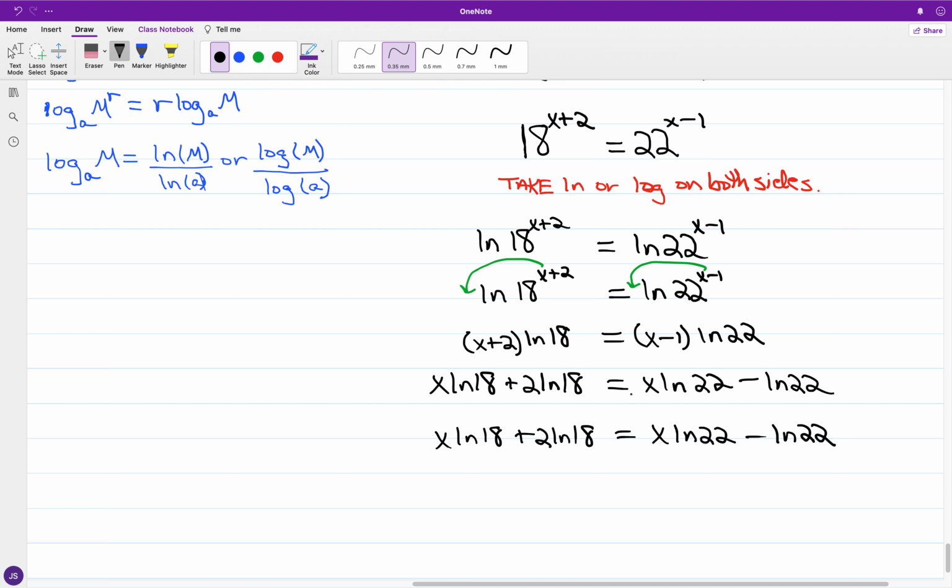So simultaneously, I'm going to take x times the natural log of 22 and deduct from both sides. So I have x terms on the left, and at the same time I'll subtract 2 times the natural log of 18.